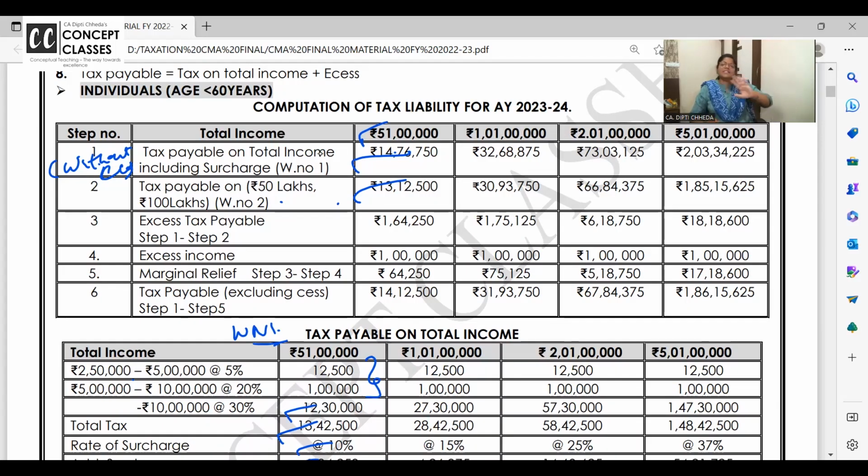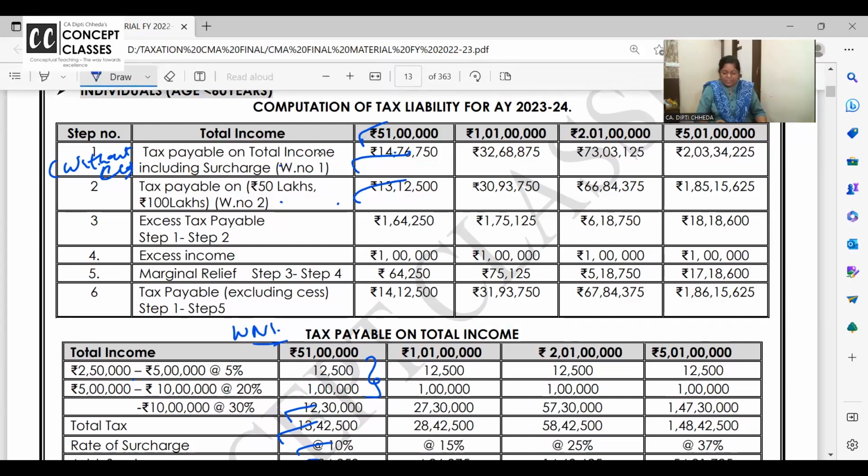Cess is the last thing you do, after rebate, after marginal relief. Did I teach you half an hour before that you have to minus the rebate? So when you minus the rebate, then on the remaining income, you add cess. So on 51 lakhs, what is the tax? 14 lakhs 76,750. On 50 lakhs, what is the tax? 13 lakh 12,500. How much is the excess tax payable?